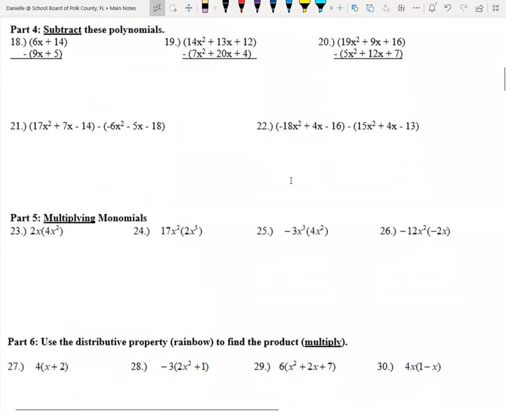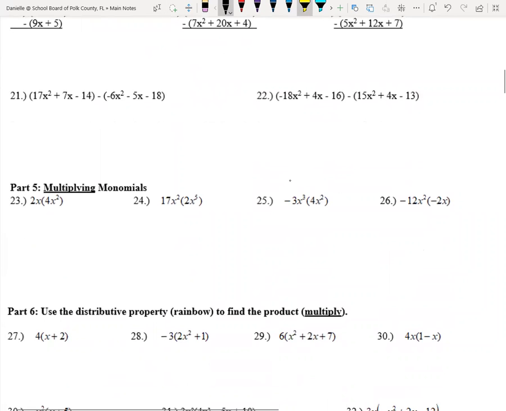Coming down to subtraction, it's going to be basically the same thing. We put our x's and our x squareds together and our constants. Only thing different is now we need to remember to subtract. So now we would have 17x squared minus negative 6x squared, 7x minus negative 5x, negative 14 minus negative 18.